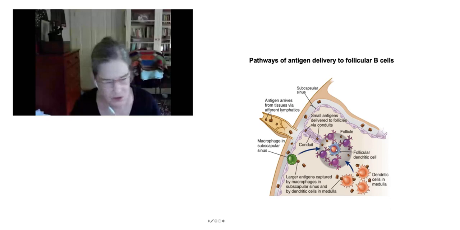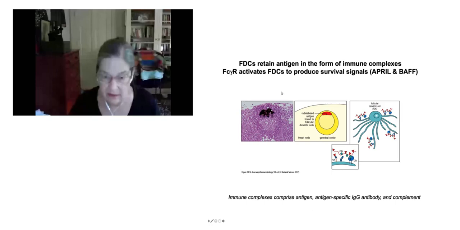They'll scuttle on over and transfer the antigen to these guys, or dendritic cells can do that as well. So follicular dendritic cells get loaded with antigen, and when B cells come out of the circulation, they are attracted to the follicle, and they start filling these guys up for antigen, and where a B cell actually binds, it gets activated and so forth. And this is just a little more about follicular dendritic cells.